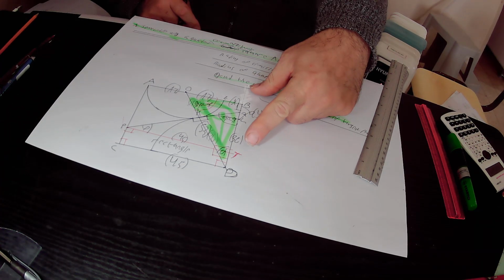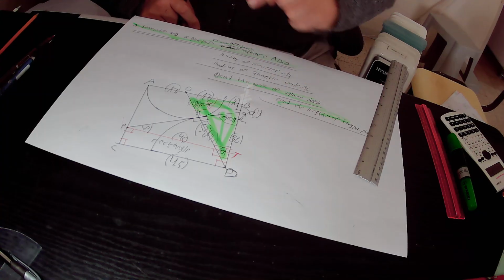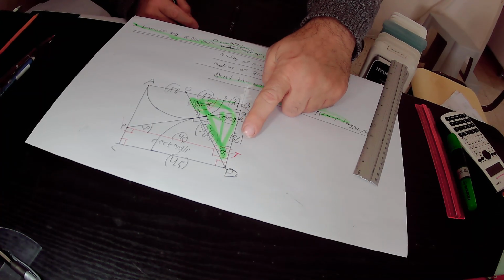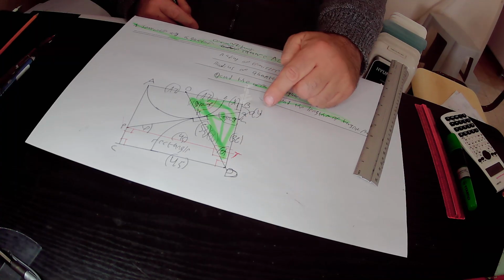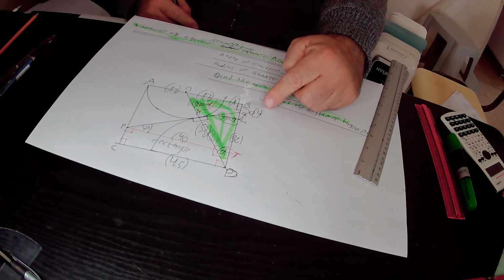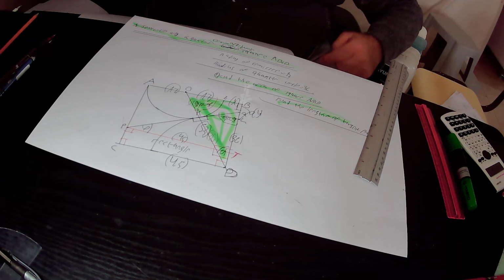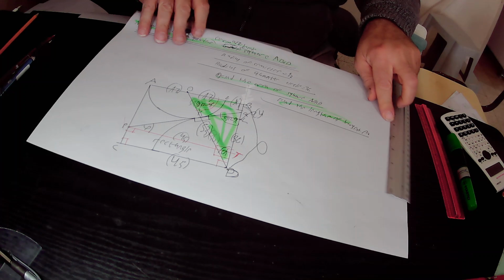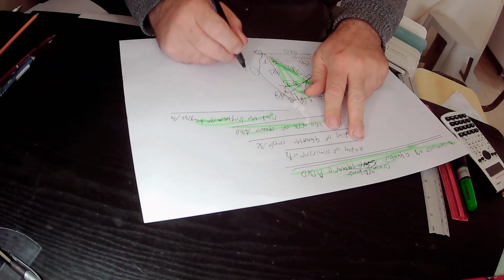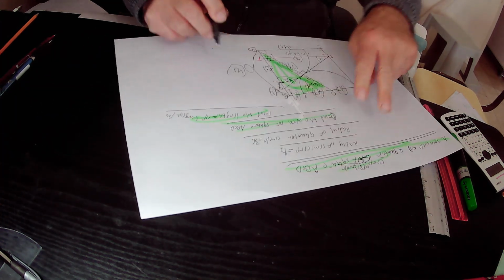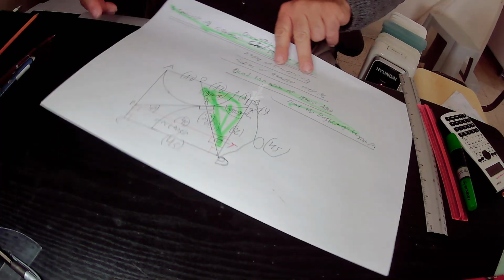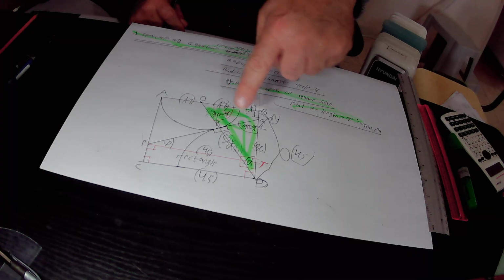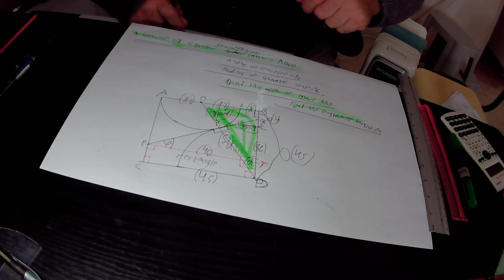BD is one side of square ABCD, therefore it is equal to 45 units. BD equals 36 plus y. Y is 9, so 36 plus 9 is 45. BD equals 45 units. And therefore, side BD of this right triangle OBD equals side PT of this right triangle PQT.